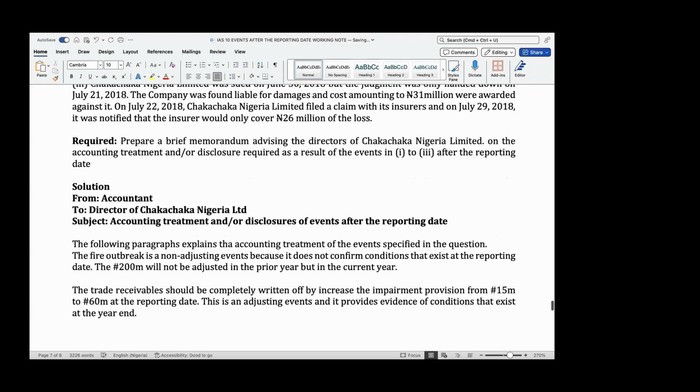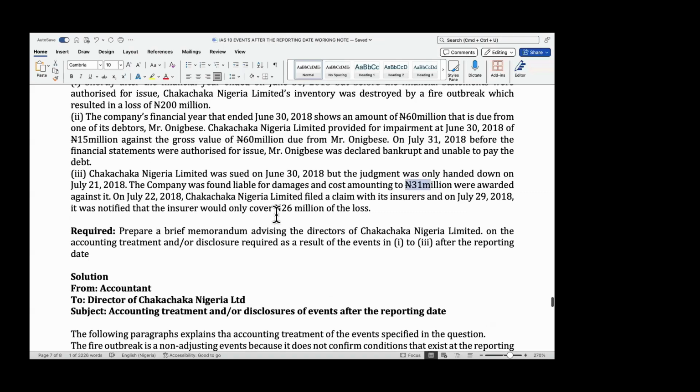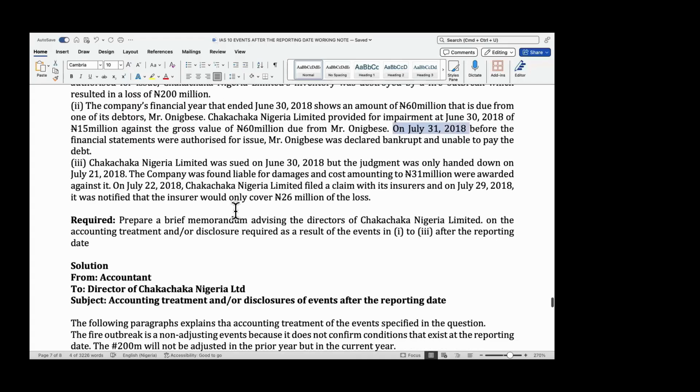However, the good thing is this, our year end is this. So there was a judgment after the year end, and we were found liable, we're supposed to pay 31 million. Let me rely on this for the authorization date as July 31st.